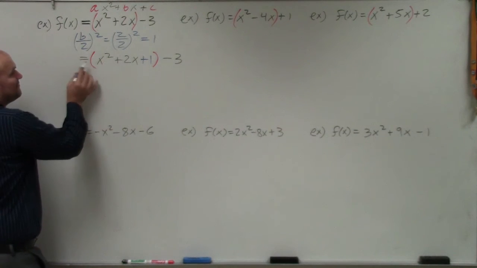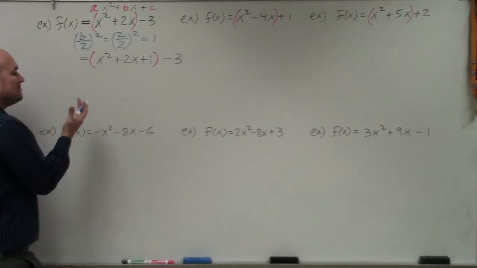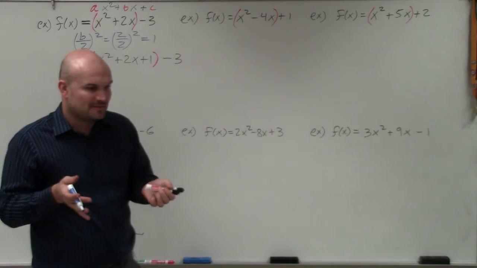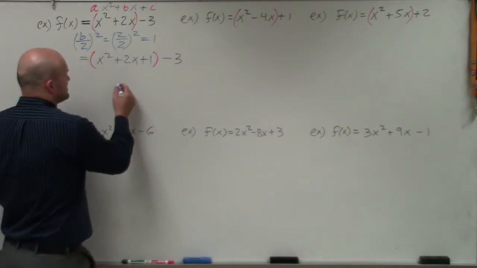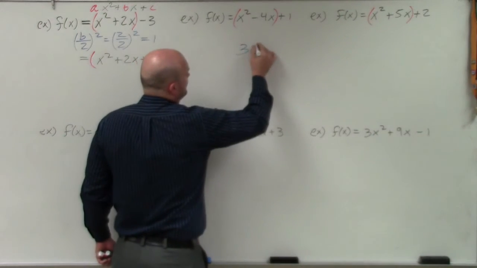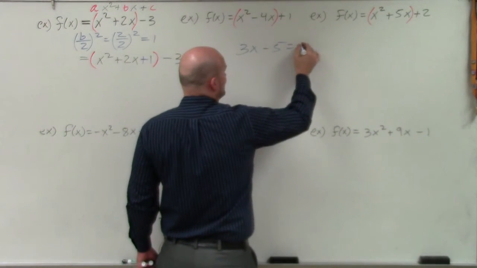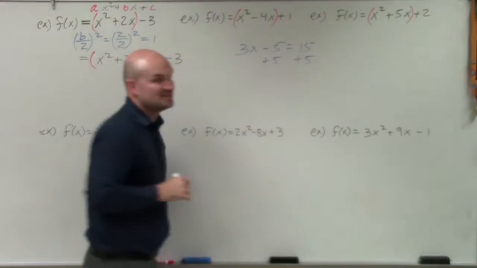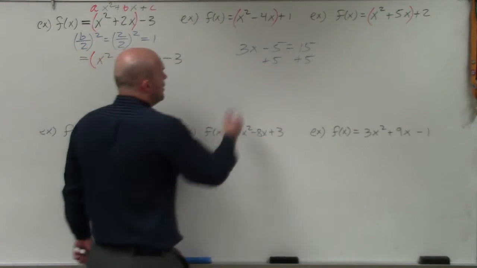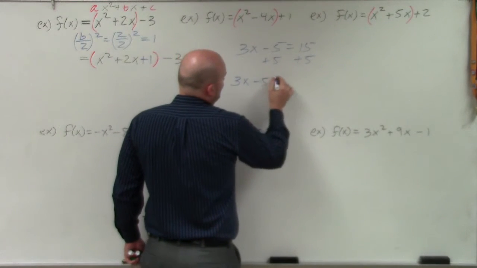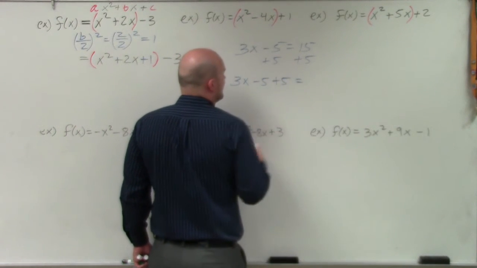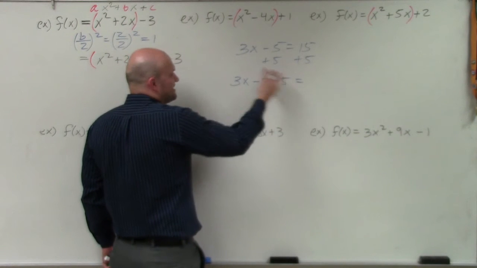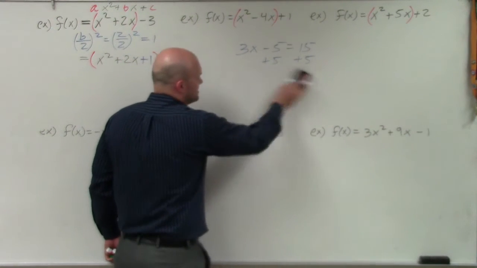This is an equation. F of x equals this. And just a reminder, whenever you add something, properties of equality, for instance, when I had 3x minus 5 equals 15, if I'm going to add 5, I have to add 5 to both sides. That's called the property of equality. Well, in reality, if I'm going to subtract 5 and add 5, that's just a little different story.